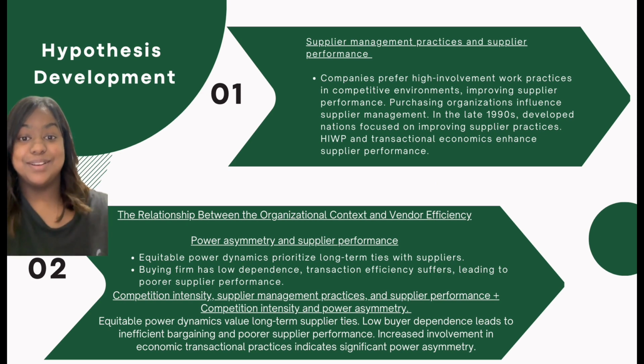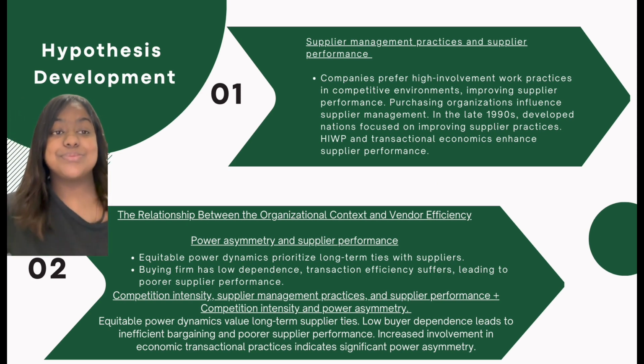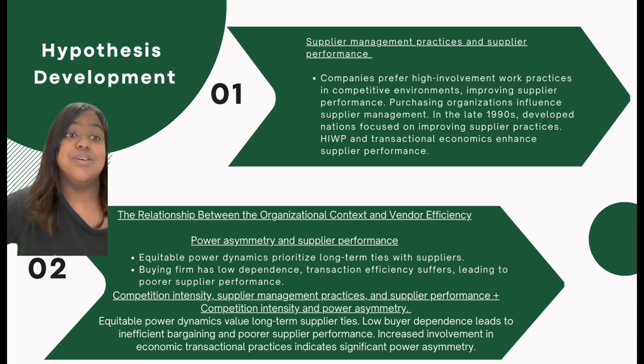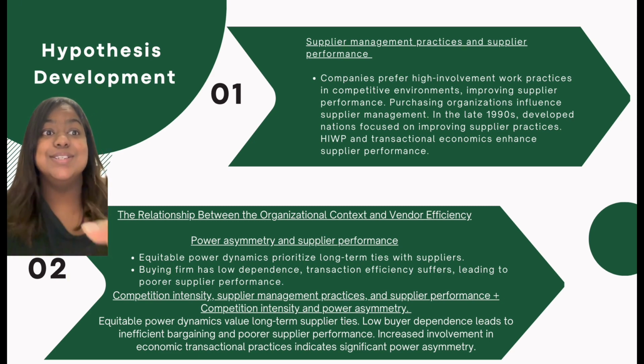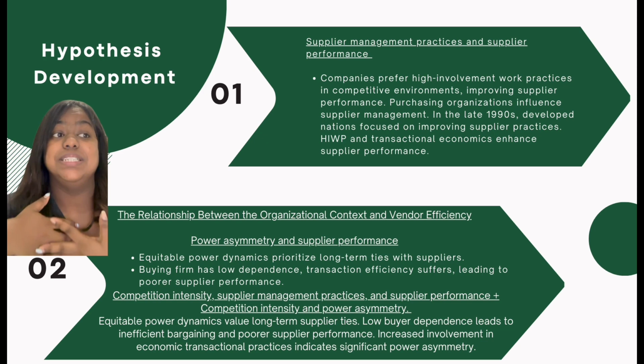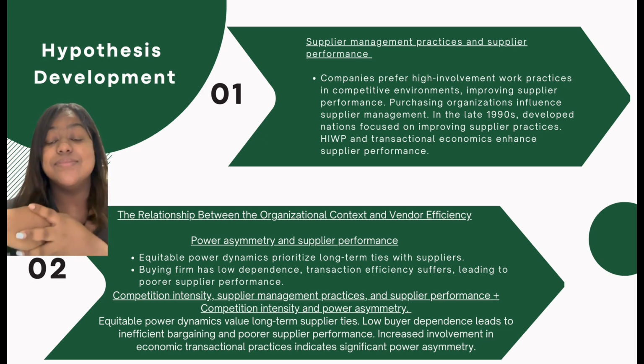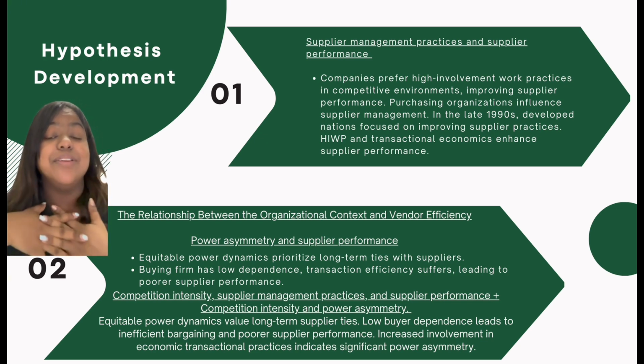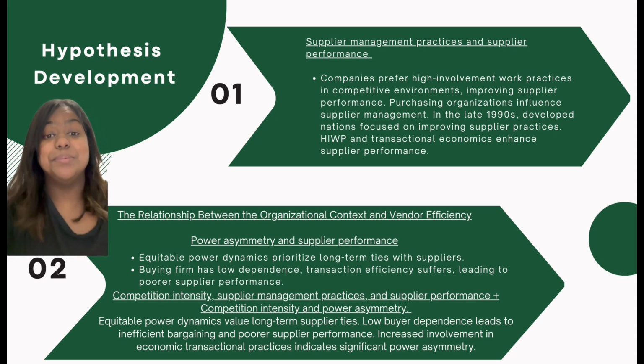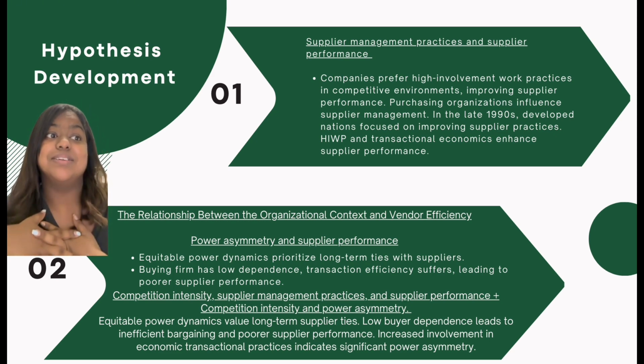Next one, we will look into competition intensity and power asymmetry. When the market is very uncertain or the level of competition is high, it is advantageous to create a learning environment that facilitates development of multiple competencies.